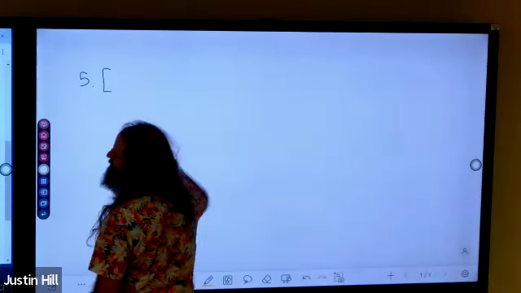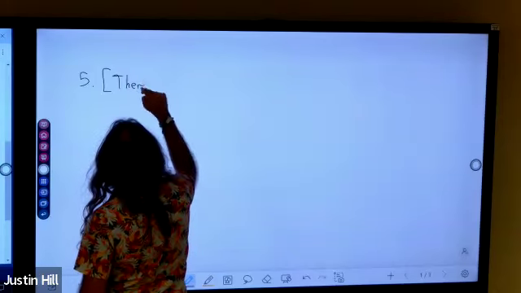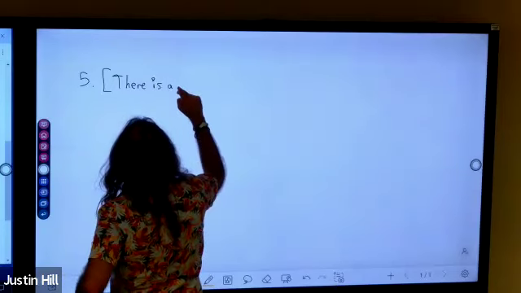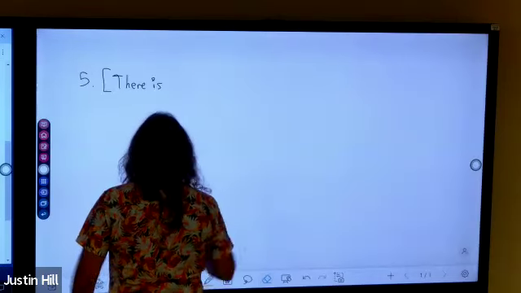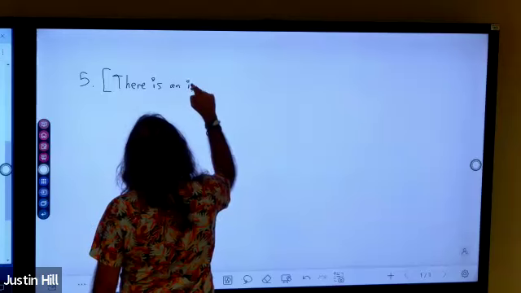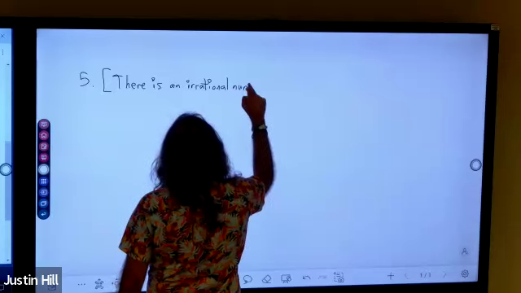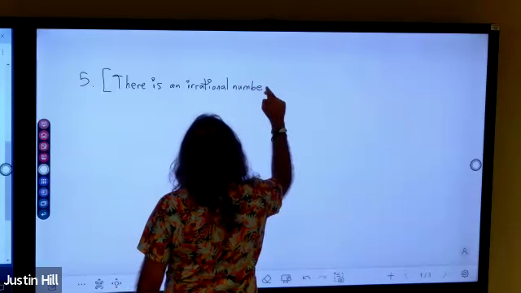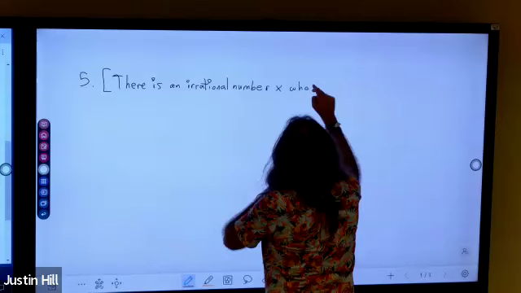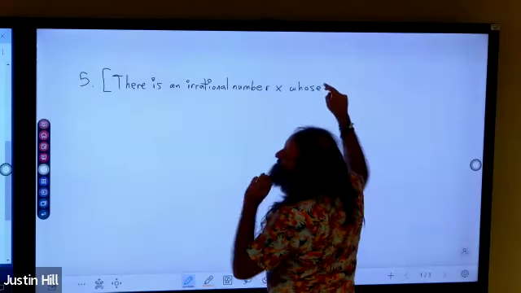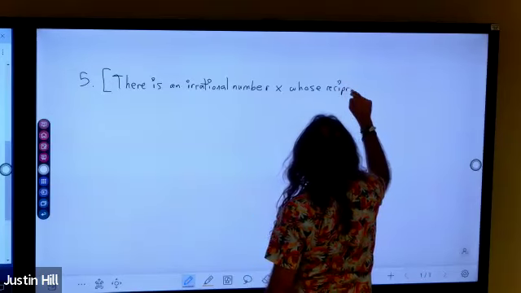So the negation of the statement in 5 is: there is an irrational number x whose reciprocal is rational.